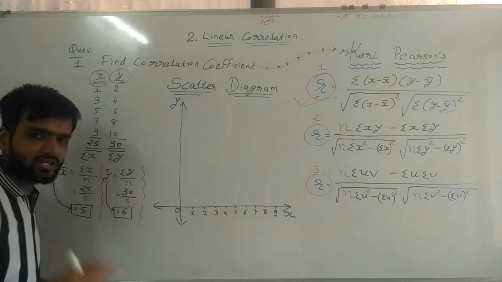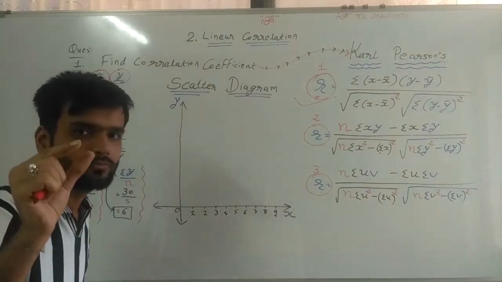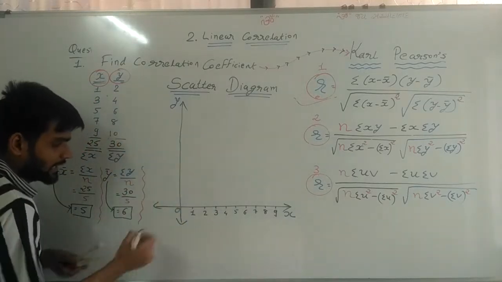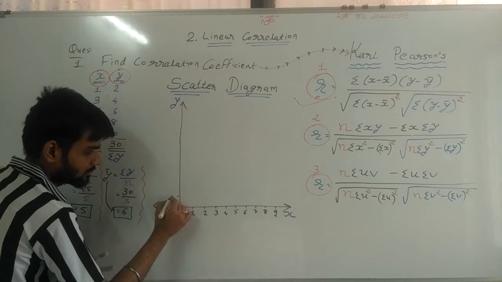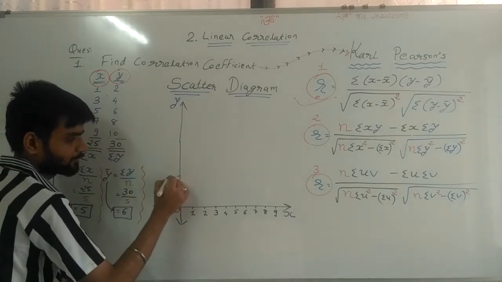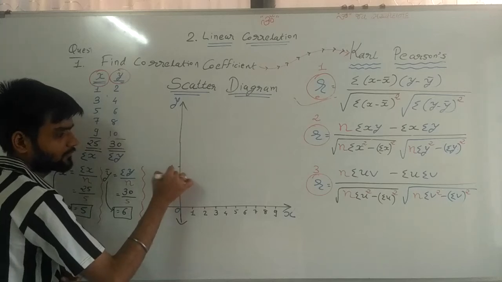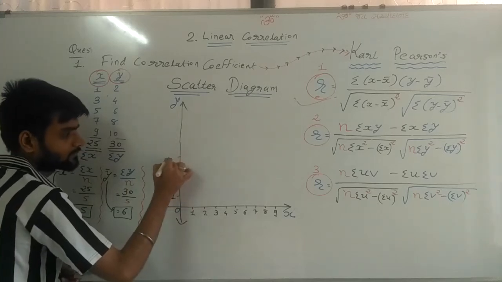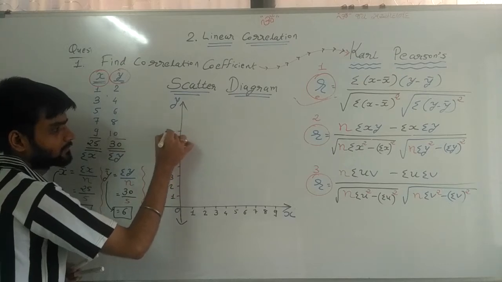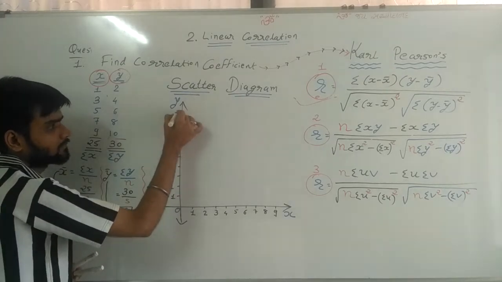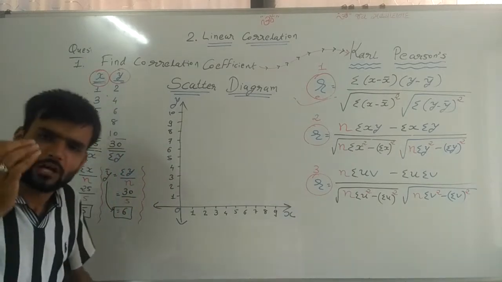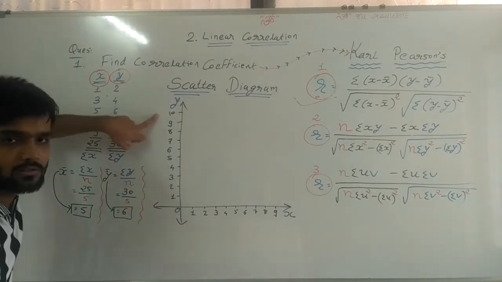Again I can take 1 square equal to 1 scale. So here also 1, 2, 3, 4, up to 10. I have to write up to 10.